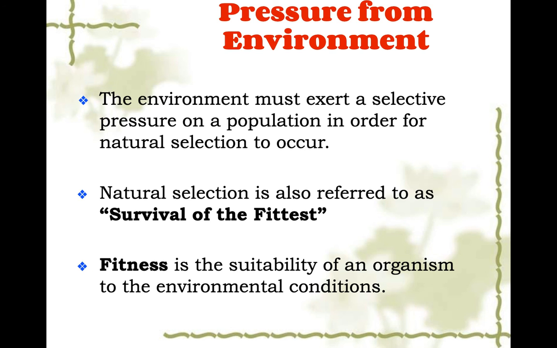As a simple example, if it is a cold environment, an organism that is covered in fur is going to be better able to survive and pass on the genetic information to make fur to its offspring.